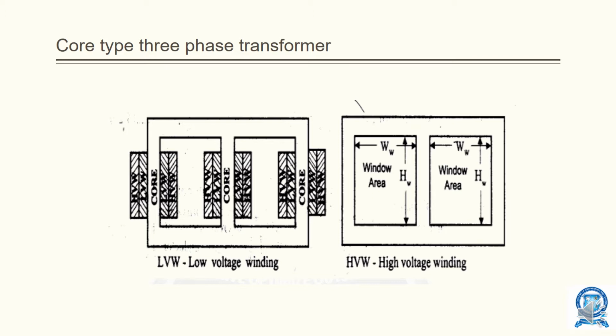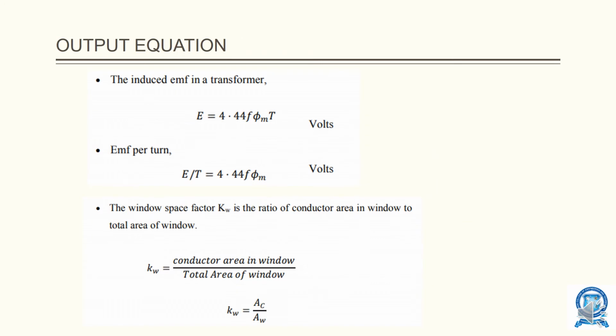So now let us derive the output equation of three-phase transformer. The induced EMF of transformer is given by E is equal to 4.44 F phi mT, and the EMF per turn means you are supposed to divide it by T, number of turns. Here the number of turns is denoted by T, so while I am dividing it, I will be getting a value which is equal to 4.44 F phi m.